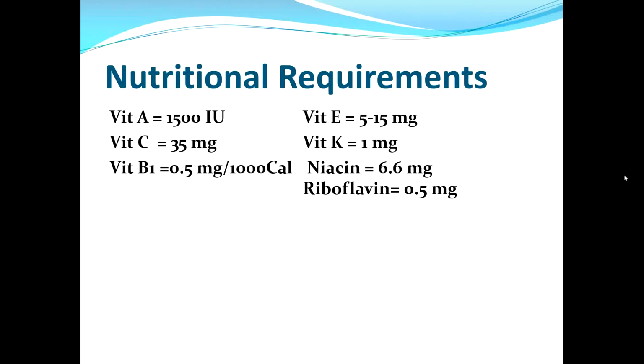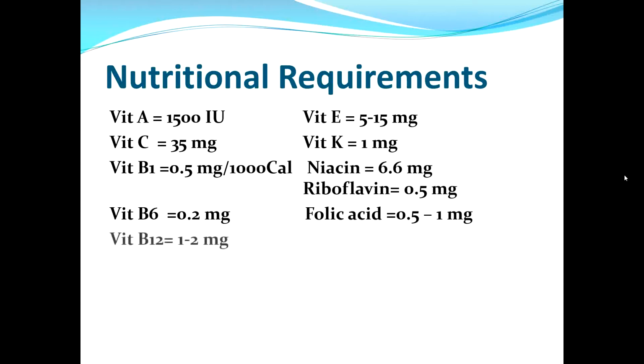Other members of vitamin B group like niacin, 6.6 milligram, and riboflavin, 0.5 milligram per day. Vitamin B6, pyridoxine, 0.2 milligram per day. Folic acid, 0.5 to 1 milligram per day. B12, 1 to 2 milligram per day.